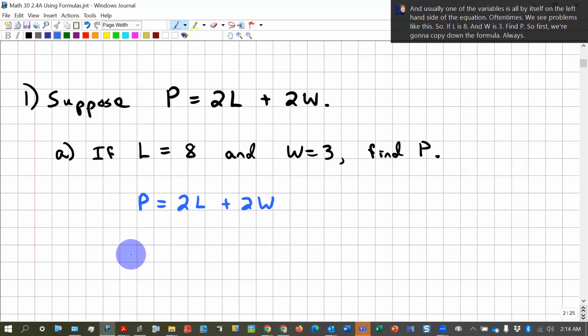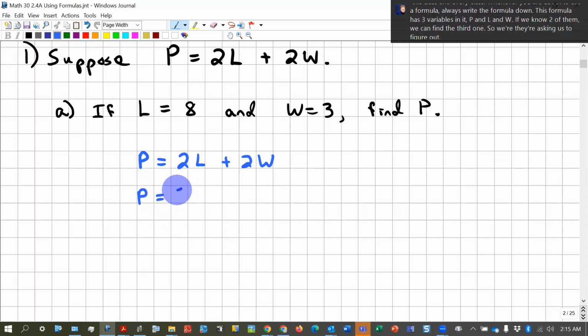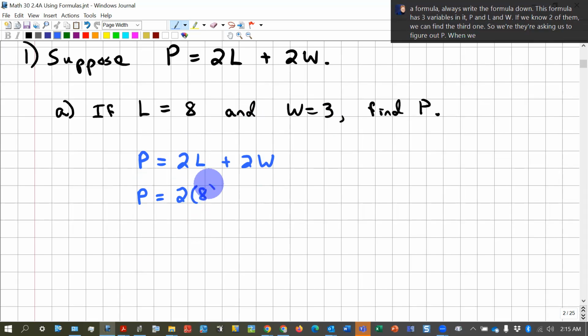Always, always, always, always, in this class and every class, whenever you are about to use a formula, always write the formula down first. This formula has 3 variables in it, P and L and W. If we know 2 of them, we can find the 3rd one. So they're asking us to figure out P when we substitute 8 for L and 3 for W.